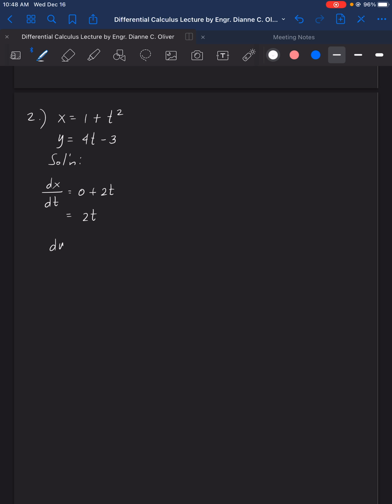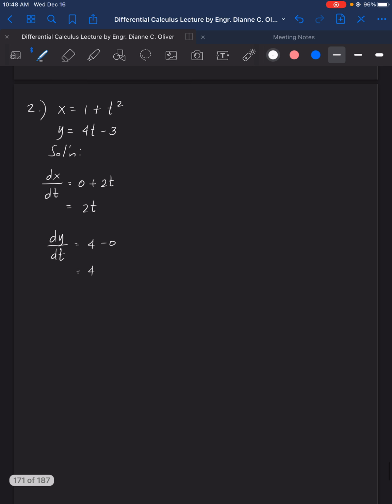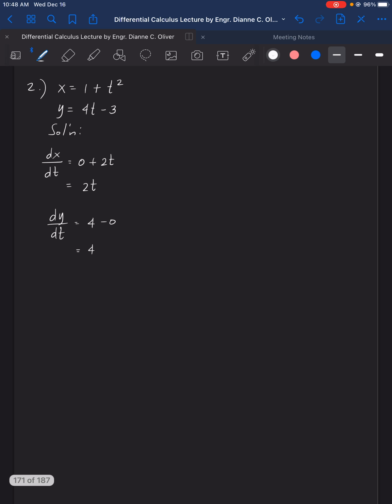Next, we have dy over dt. So we are deriving y with respect to t. So this is now 4 minus 0. So dy over dt is 4. Therefore, for the first derivative, we have dy over dt all over dx over dt.